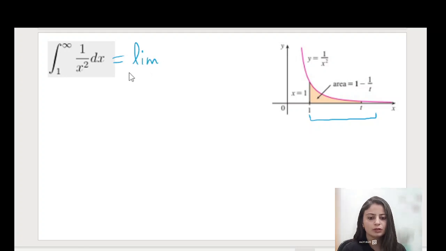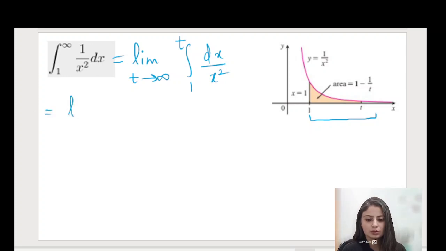So we will use the limit definition, limit t tending to infinity, lower limit as 1, upper limit as t, dx by x square. This is equal to limit t tending to infinity. So the value of this integral is minus 1 by x. Now let's put the limits of integration.